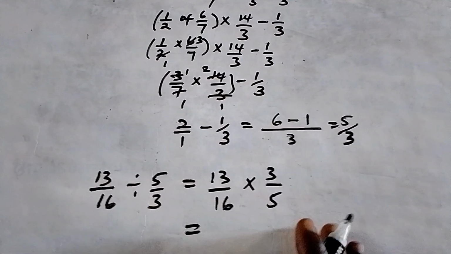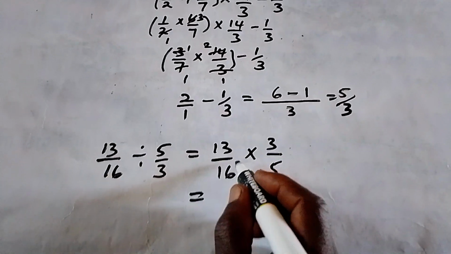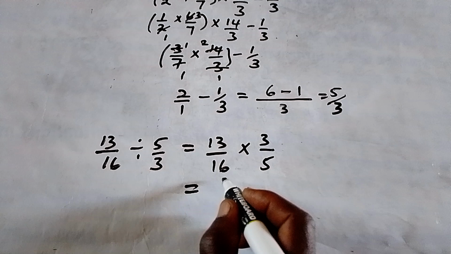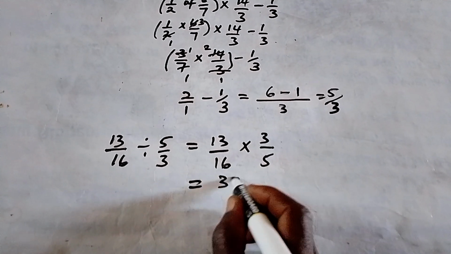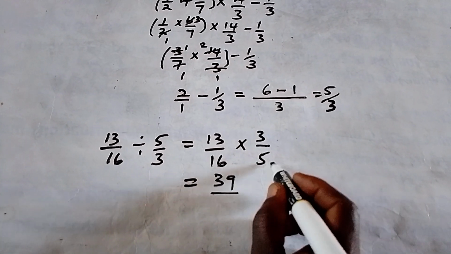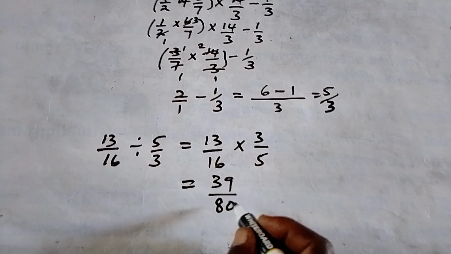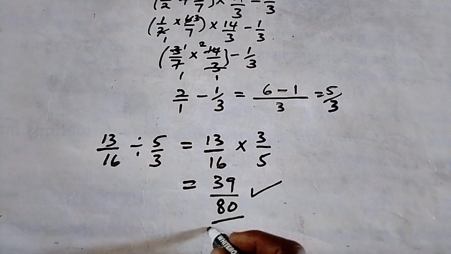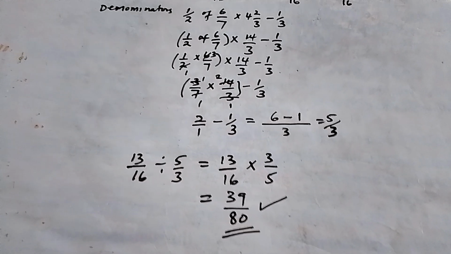So there is no common factor, so we multiply the numerators, which is 13 times 3. We get 39 over 16 times 5, 80. And this is the final answer for that problem.